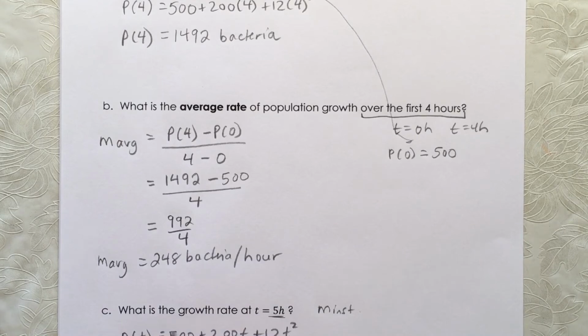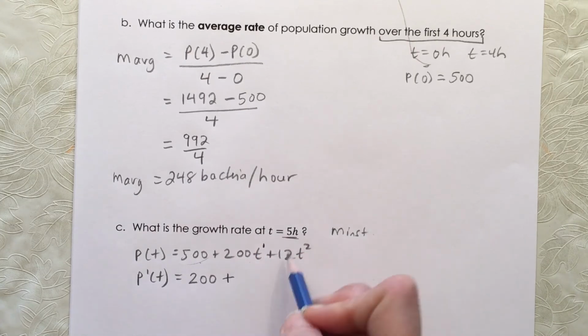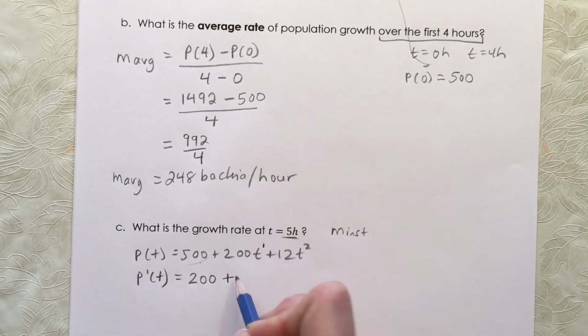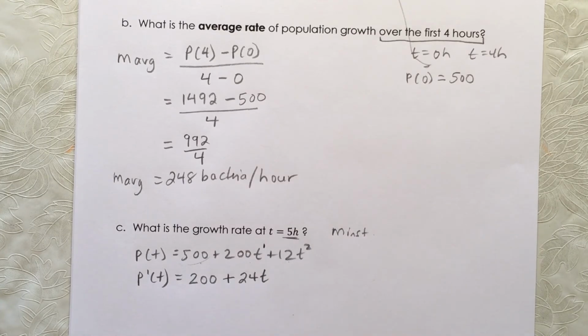So the derivative of 500, it's a constant, is 0. Here we have an exponent of 1, so the derivative of 200t is 200 t to the 0, but t to the 0 is 1, sorry. Plus, here 2 times 12 is 24t to the 2 minus 1, which is 1. So our derivative is p prime at t is 200 plus 24t.